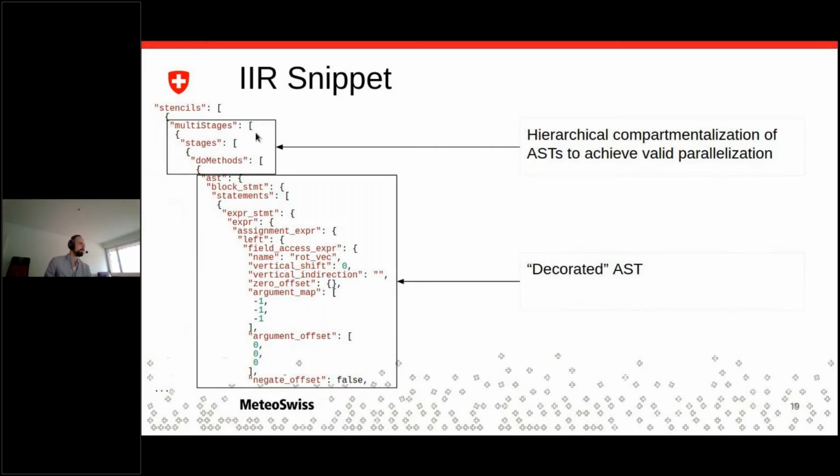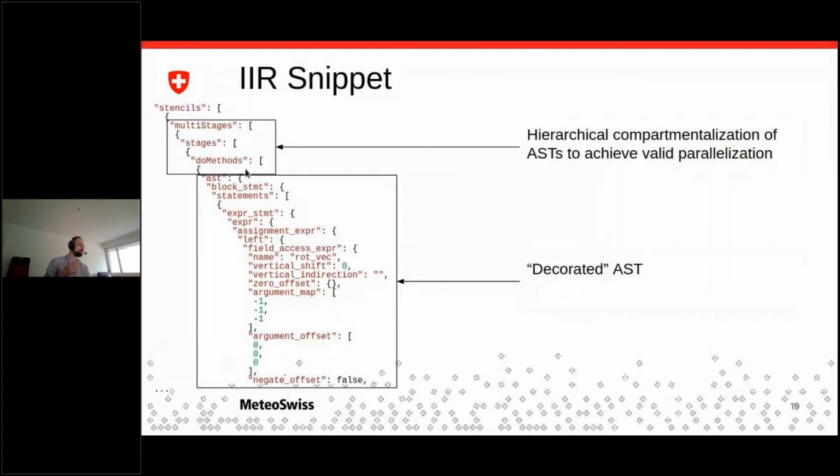So in this example, if we take targeting a GPU into consideration, then this multi-stage roughly corresponds to a CUDA kernel, whereas these stages and do methods roughly correspond to iteration spaces.